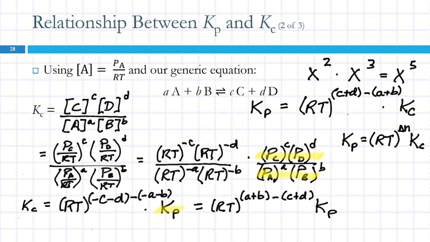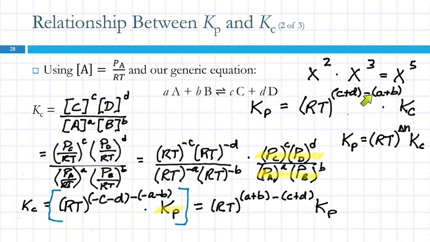Let's see if we can make that look a little better. So KC is equal to this. So I'm dividing both sides by this. This cancels out on that side. And then I end up with KC divided by that. Instead of dividing by it, I'm just going to change the signs on the exponents. Okay? So that's where I got this from.